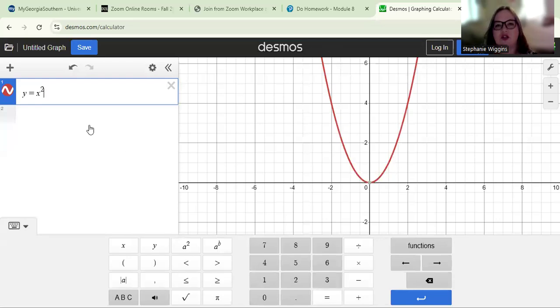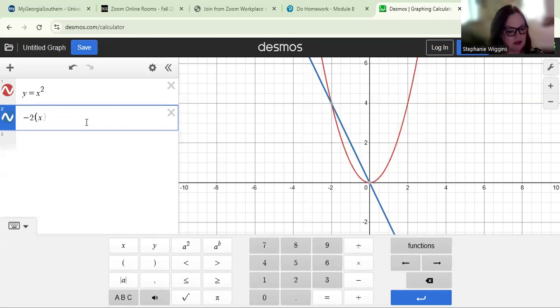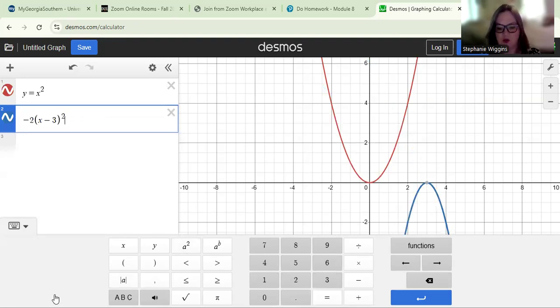Now let's show you what happens. Typically when you're graphing these combinations of translations and transformations, you're going to do it in a certain order. So you get your basic shape here. And let's suppose the final function that I want to graph is -2 times (x minus 3) squared, and then plus 2.